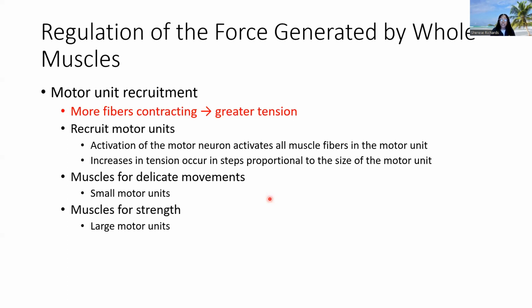Smaller activities, smaller neurons, smaller number of fibers, smaller size of fibers, more delicate movements recruited first. And then larger motor neurons, larger muscle fibers, more fibers attached, and then bigger fiber diameters, bigger muscles, and more muscles for strength will be recruited towards the end. Okay, so small first and then bigger recruited last.